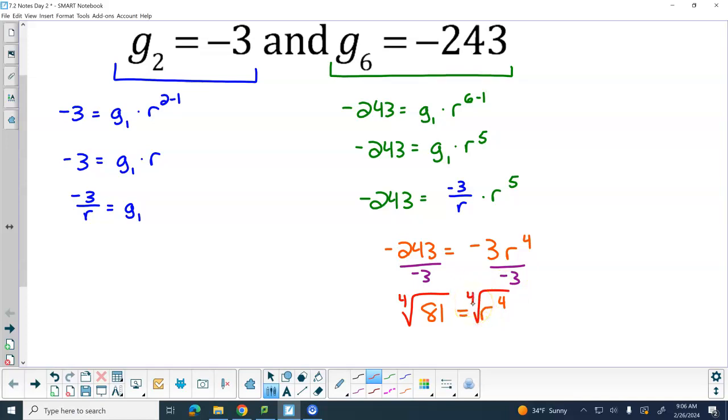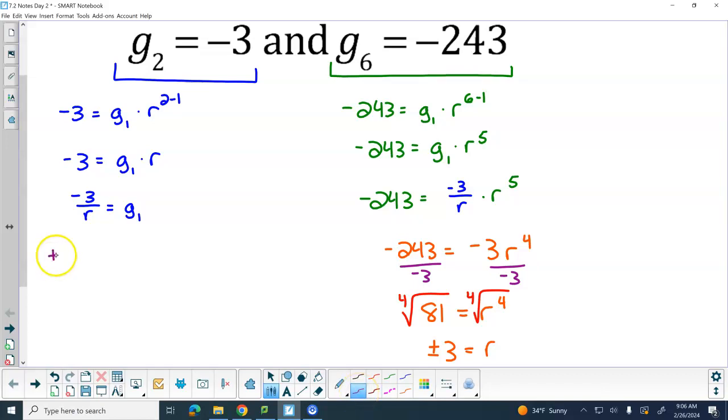Plus or minus 3, and not just 3. It's an even root. So that means that, because we have 2 different r values, we're going to have 2 different g sub 1 values, which means we're going to have 2 different rules down here.